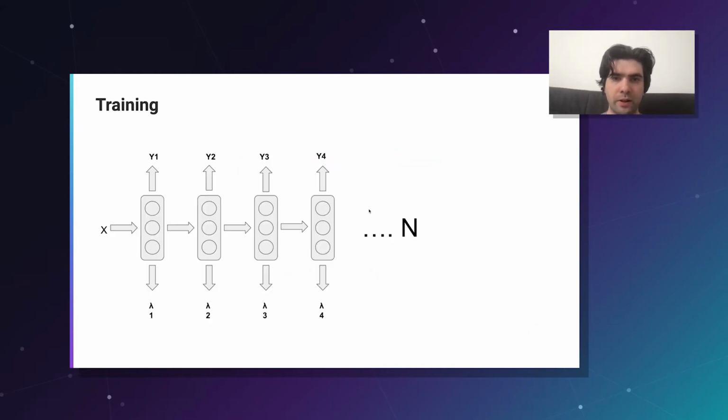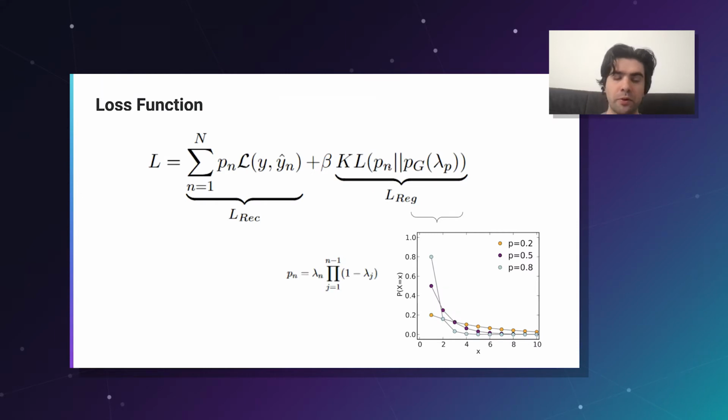So I guess to go over to the regularization side of things, things get a little interesting as well, as they introduce this P sub G lambda sub P, which just represents a geometric distribution.